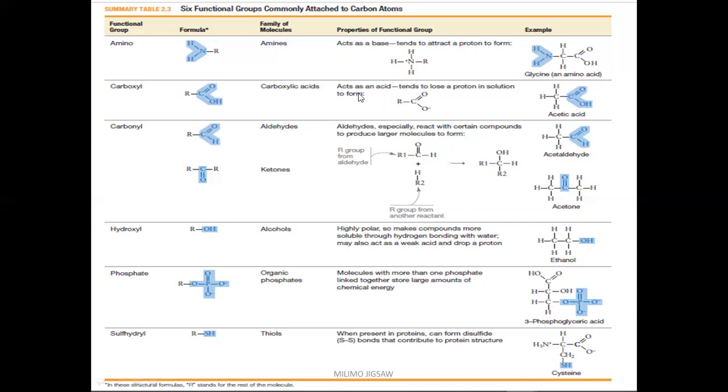The carboxyl group, in its non-ionized form, consists of a carbon that is joined by a double covalent bond to an oxygen atom, and by a single covalent bond to another oxygen atom, which in turn is joined to a hydrogen atom.